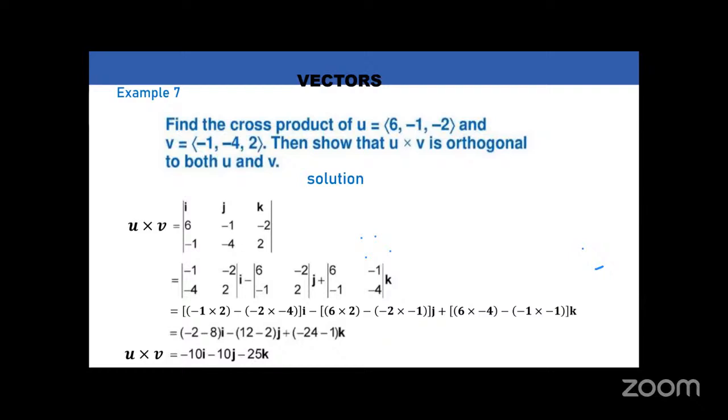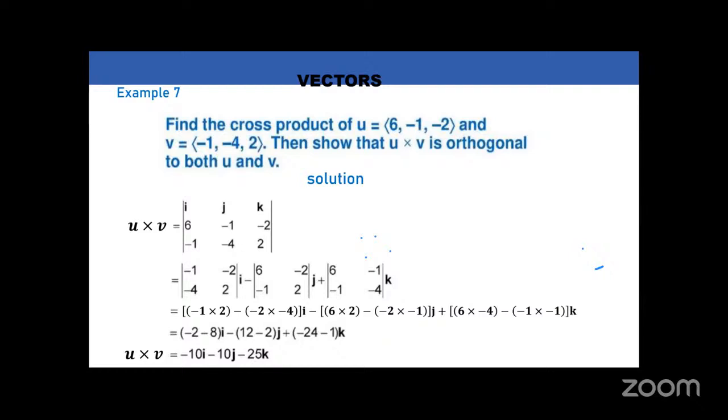In this kind of question, you are indirectly asked to find the angle, but the way to solve it is to find the angle. When the angle is 90 degrees, then it is orthogonal. If the angle is not 90 degrees, then you respond that the two vectors are not orthogonal.